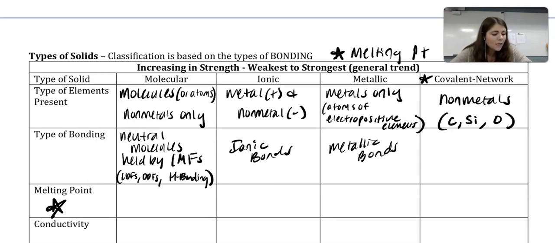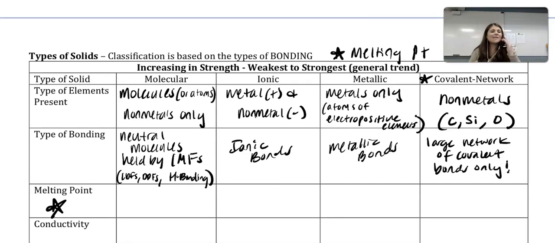And again, this type of bonding is indicating intermolecular force, okay? With covalent network, this is actually a large network. Kind of think lattice, but not necessarily. A large network of covalent bonds only. When I say network, sometimes you look at the particle diagrams and they're in the formation of like a crystal lattice, but it's not a crystal lattice like ionic. We don't have that positive, negative. Here you just see all these atoms are bonded, and those are the covalent bonds that are actually their intermolecular force.